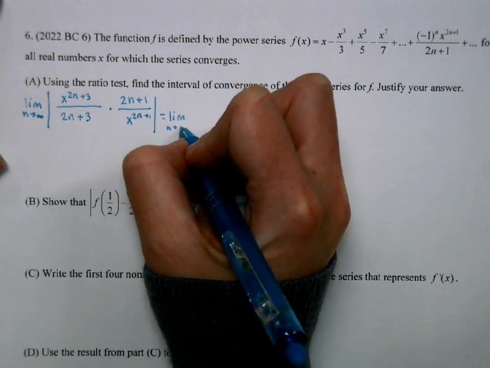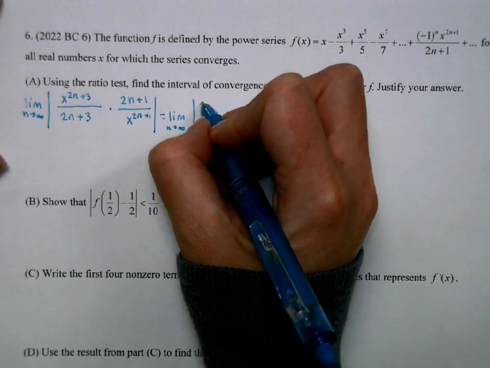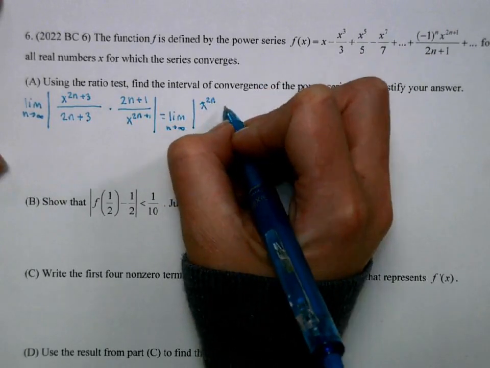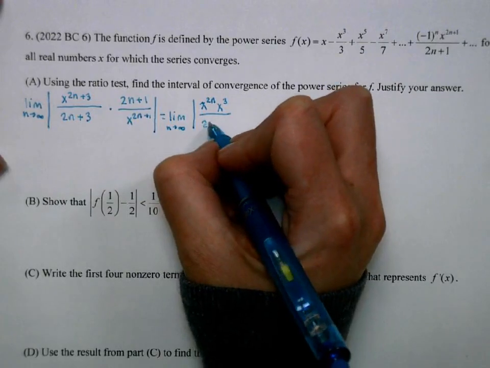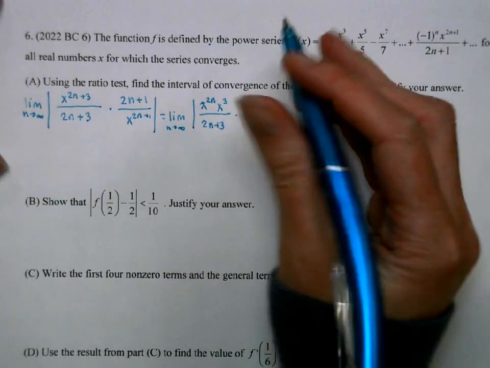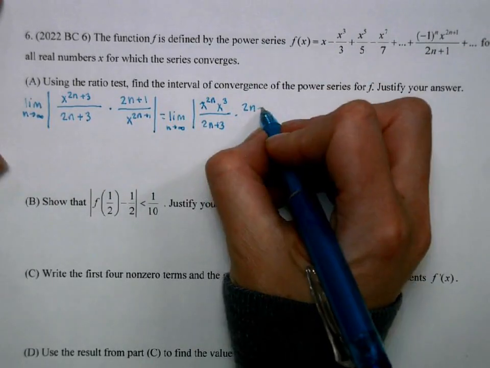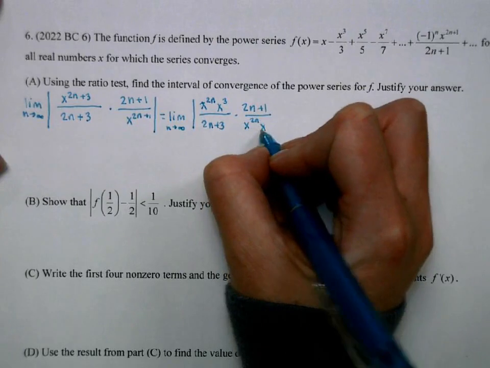Okay, so we can rewrite this as x to the 2n times x cubed plus 1 over, rewrite this as x to the 2n times x. So the two n's will cancel.